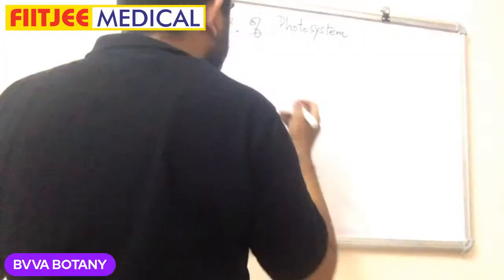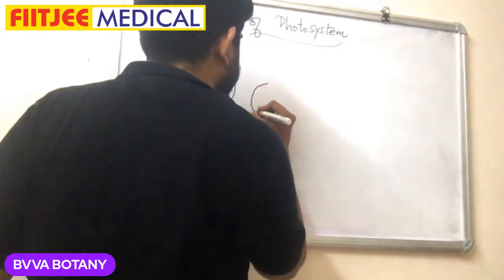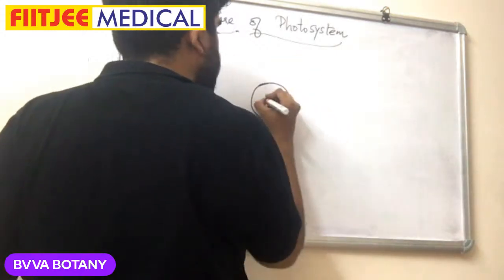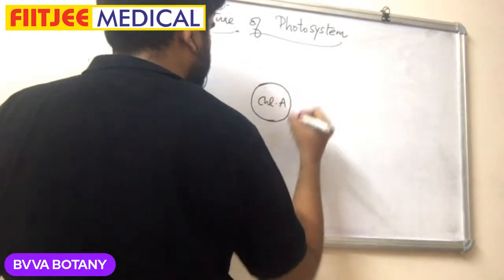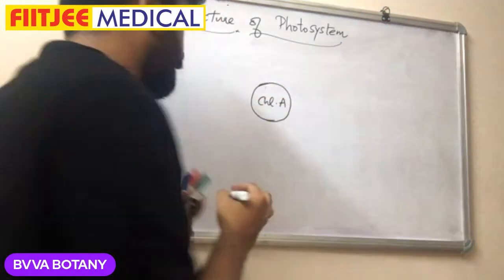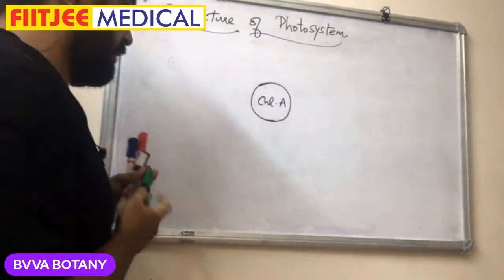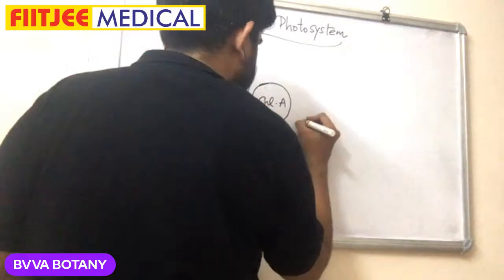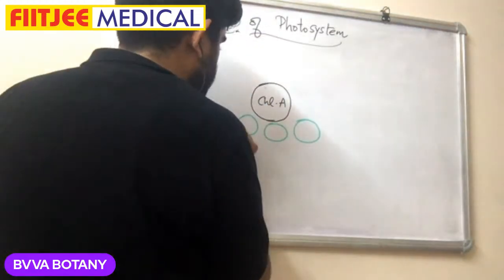As said, it has a reaction center, which is a single molecule of chlorophyll. It is all surrounded by various pigments. These are the accessory pigments.